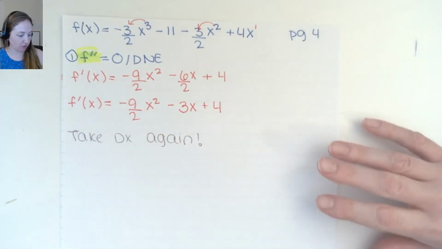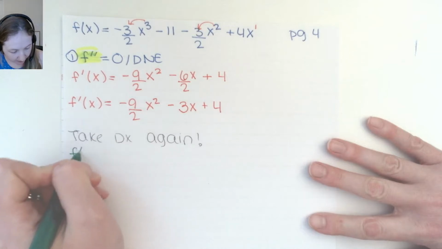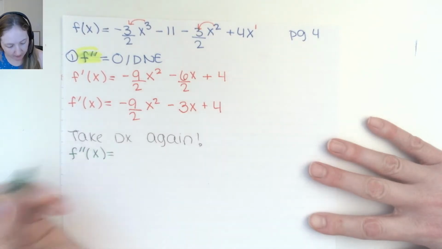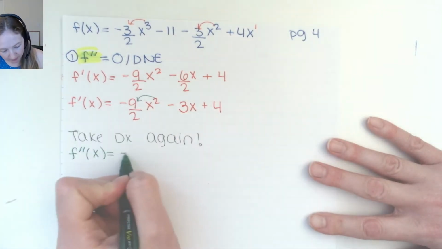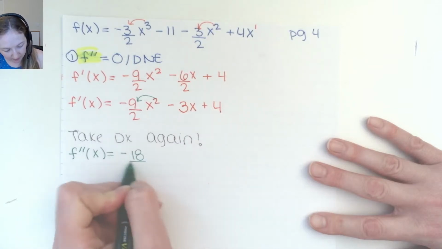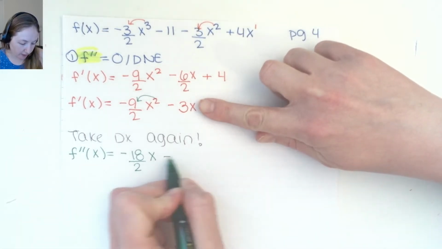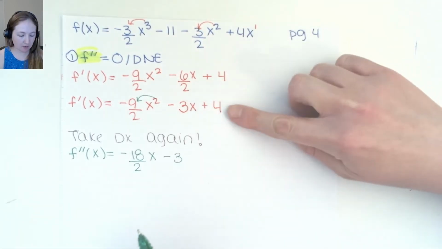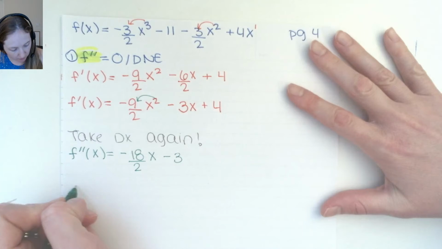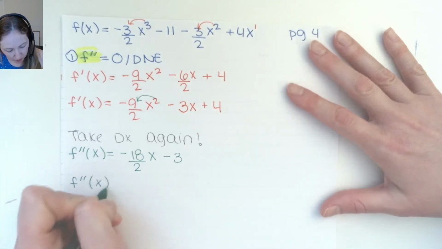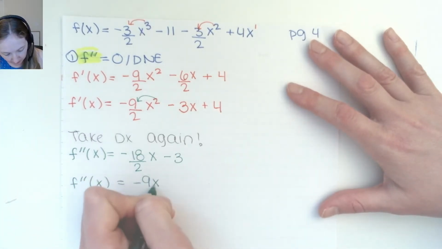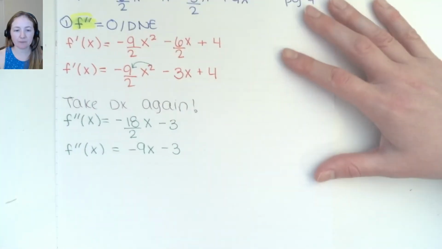So to take my derivative again, I'm going to have f double prime of x equals negative 9 times 2, so negative 18 over 2x. And then the negative 3x goes to negative 3, the plus 4 goes to 0. So I have that my second derivative is negative 9x minus 3.